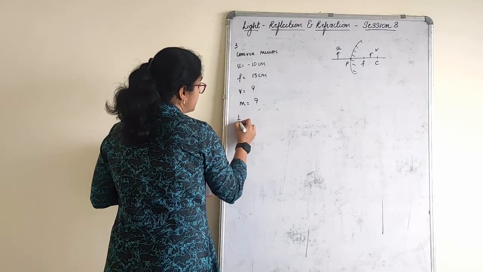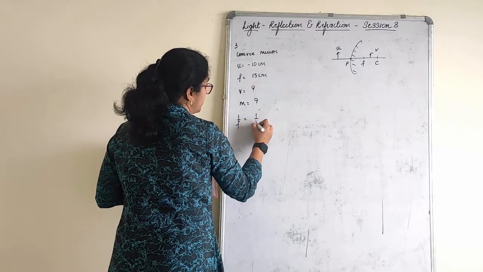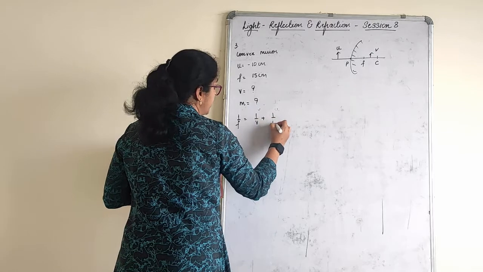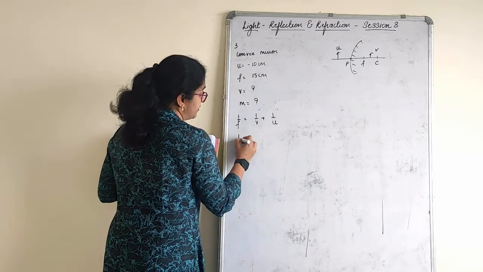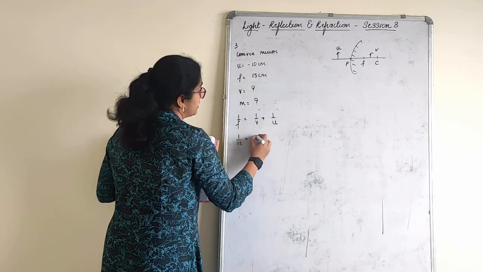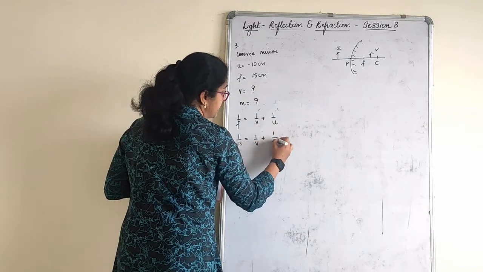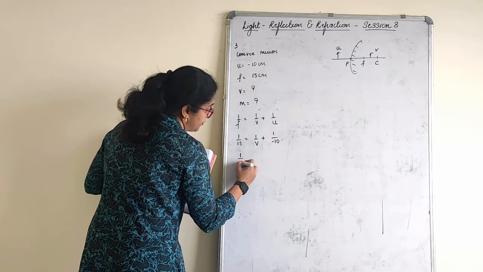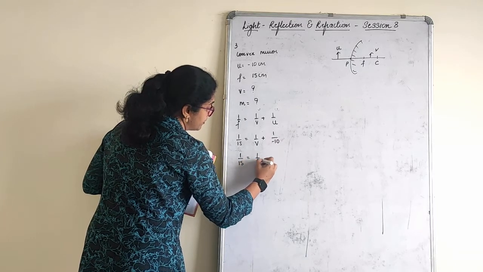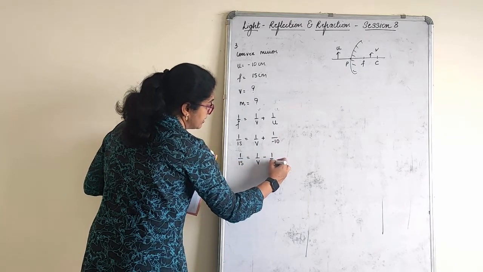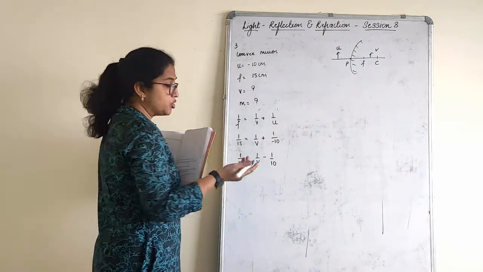Mirror formula. 1 by F is equal to 1 by V plus 1 by U. So 1 by F is 1 by 15 is equal to 1 by V plus 1 by minus 10. 1 by 15 is equal to 1 by V minus 1 by 10. Write this, otherwise there will be confusion sometimes.